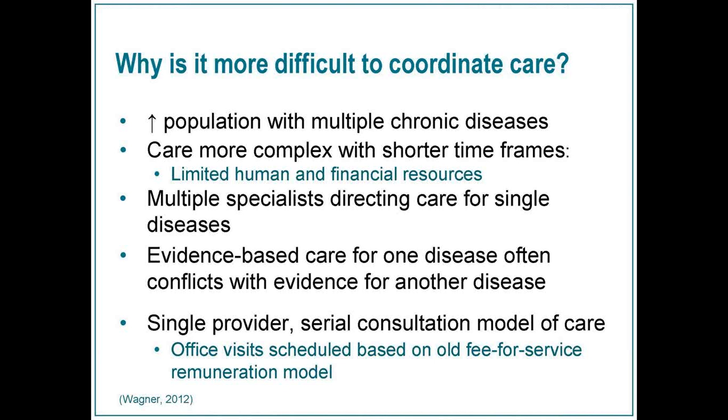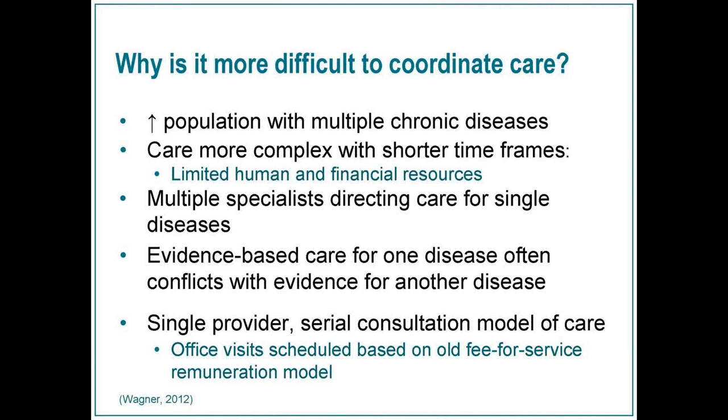We know in the acute care sector, there's a big push to shorten length of stay, and so we're asking people to do a lot more difficult work in a shorter time frame, and often with very limited human and financial resources. Then we have our multiple specialists who are doing great care for single diseases.